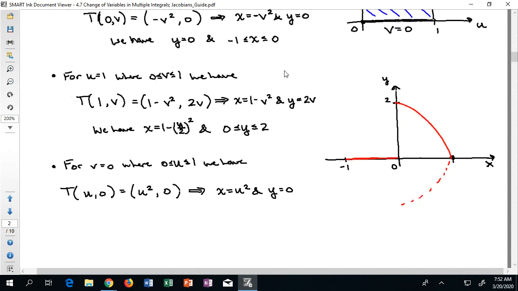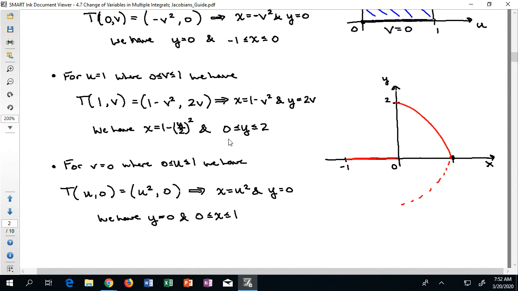Well, again, this is great because I have something automatically in y equals 0 that's some sort of a red line I can sketch. And I can see again that x, if it's the same as u squared, and u ranges from 0 to 1, x is definitely going to range from 0 to 1 as well.